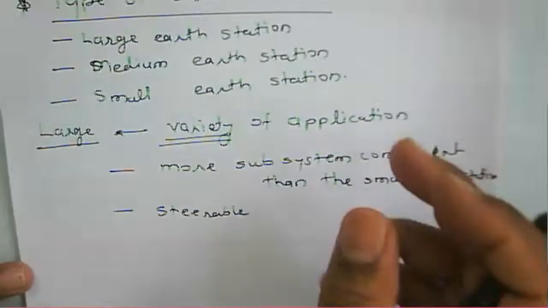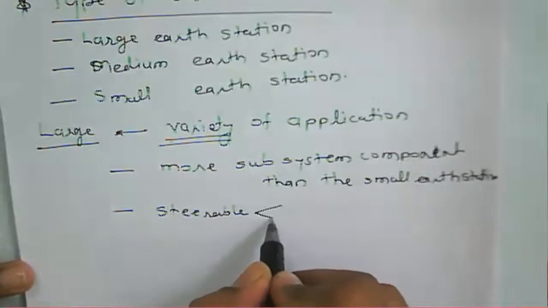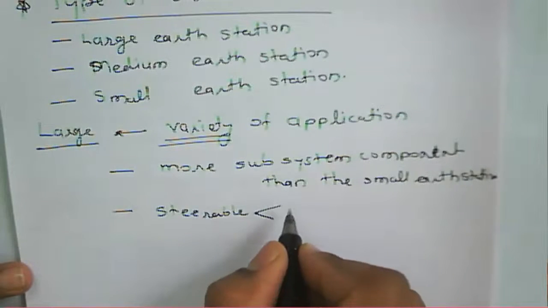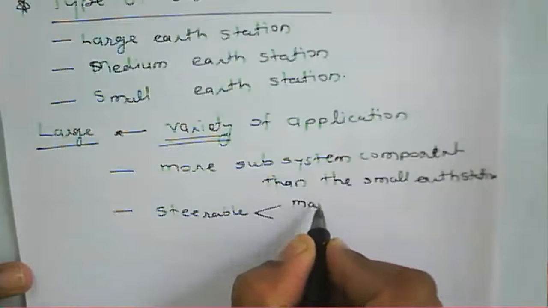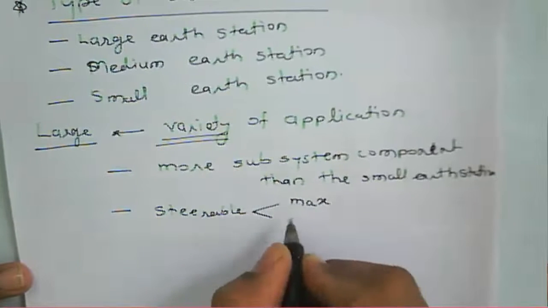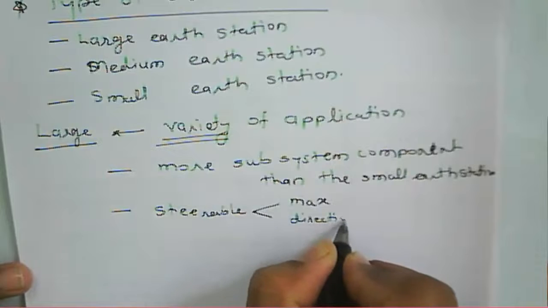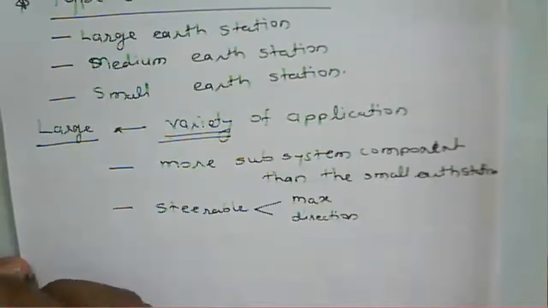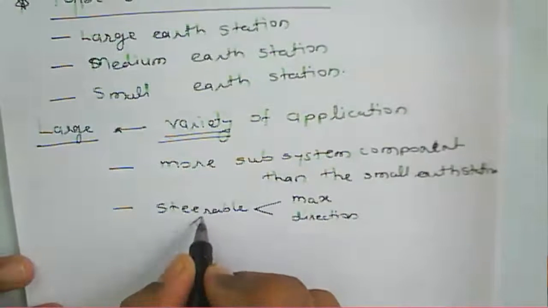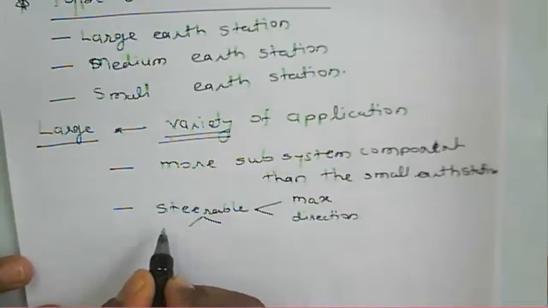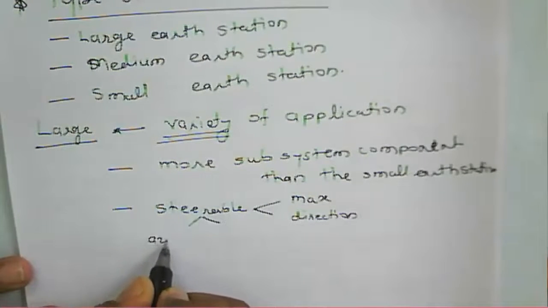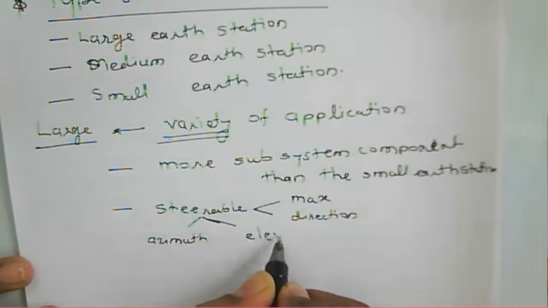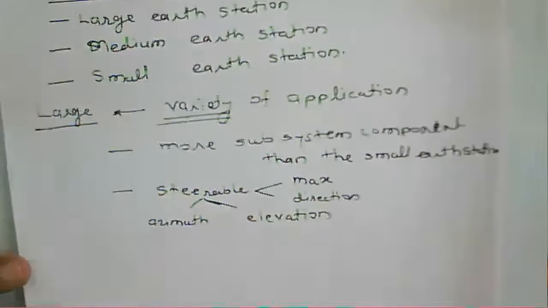Steerable means directing toward the satellite, so that we get the maximum power. It is steerable in the direction of a specific azimuth or elevation.